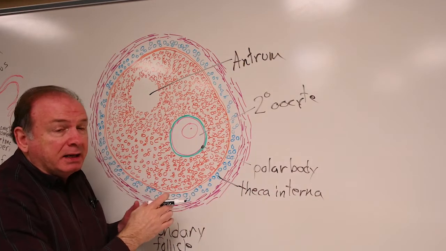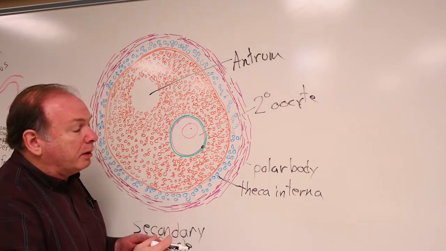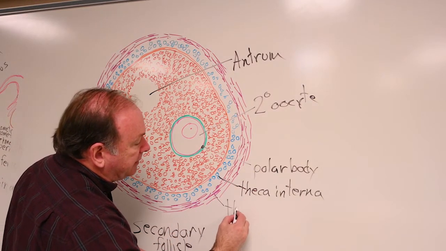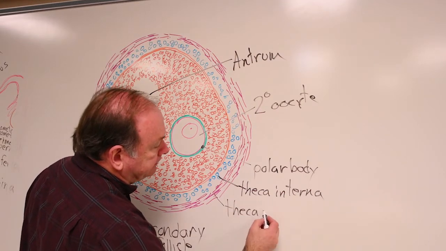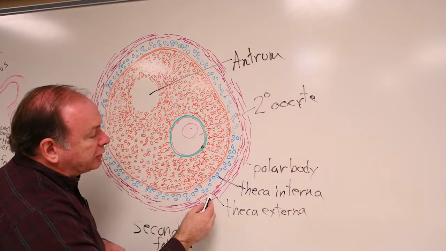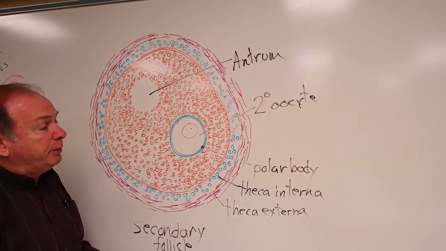These cells maintain basically a round shape and enlarge a bit. They will eventually be hormone-producing cells. And then outside of that, we have the theca externa. An external thecal layer and an internal thecal layer, layers associated with this developing follicle.